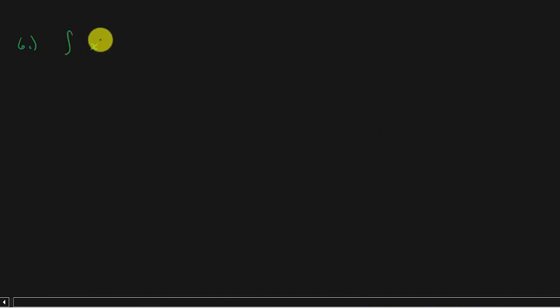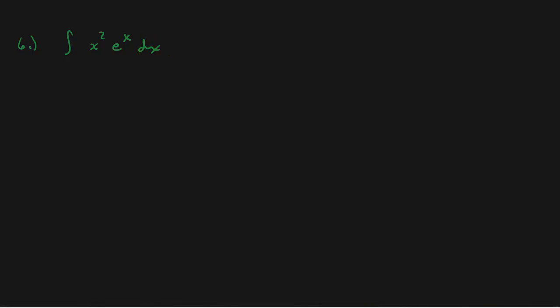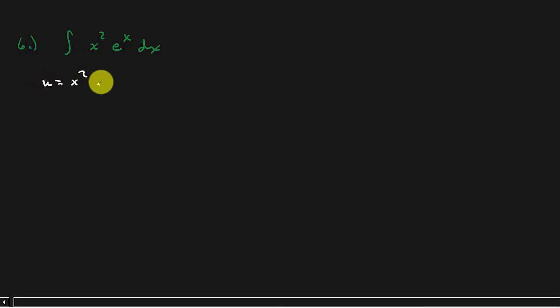So let's say we got the integral x squared e to the x dx, and we want to integrate this. All right. So let's let u equal x squared, and let's let dv equal e to the x dx. Okay, so I get du is 2x dx, v is equal to e to the x.